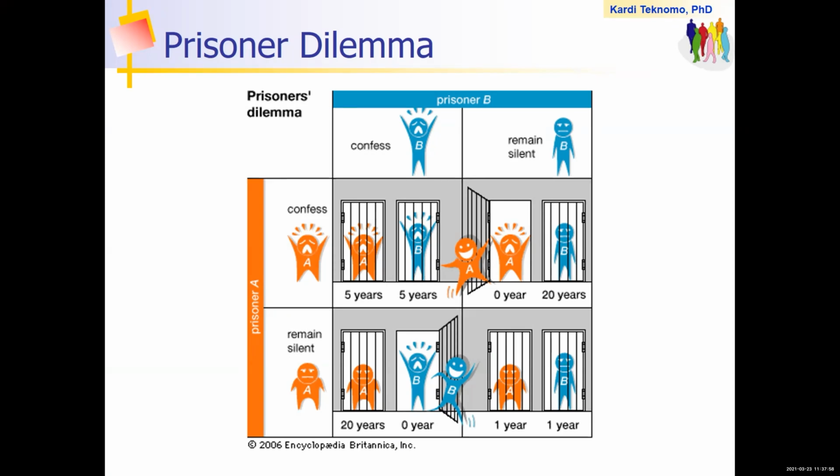If A confesses and B remains silent, A will go out of jail, while B will get the maximum imprisonment of 20 years. If A remains silent and B confesses, so the other way around, right? And if both remain silent, both will get 1 year.